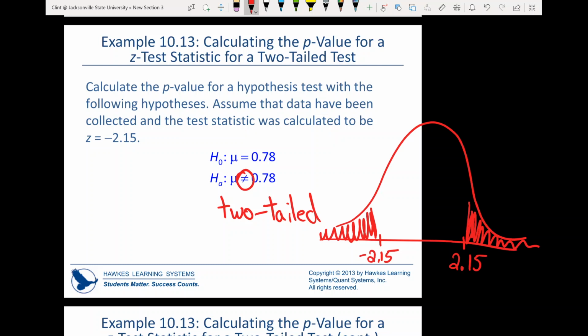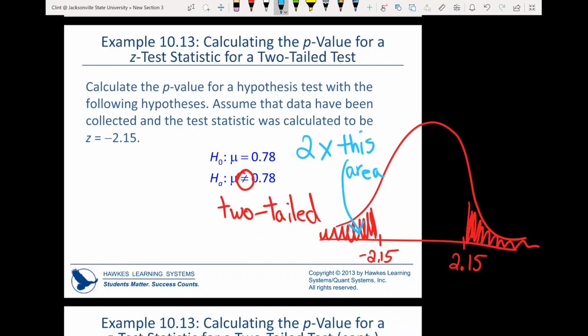Okay, but remember, these two z values are symmetric. So one thing we can do is find this area. The left tail is a little bit easier for us to find, so you can look up the negative version of the test statistic. And then we're going to do 2 times this area. That will be our p-value.